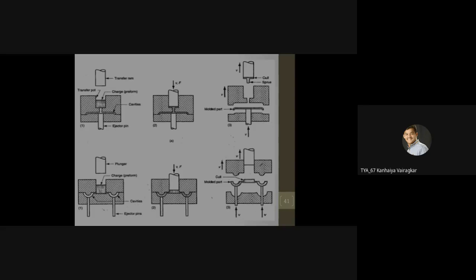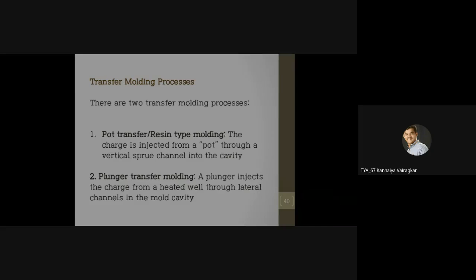As such, there is no transfer pot. The material is kept directly inside the cavity. First there is a large cavity where the plunger pushes the material inside the smaller cavities, which become part of the component. So, a very small difference. Two processes: pot or resin type, and plunger type.